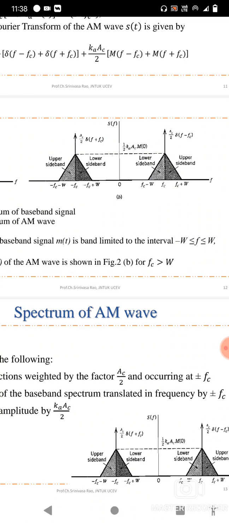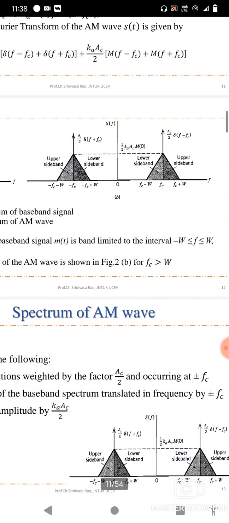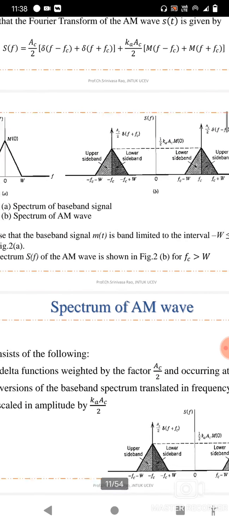Above the carrier frequency fc is called the upper sideband, and below the carrier frequency is the lower sideband. This one is represented as Ac by 2 delta of f plus fc, and this one as Ac by 2 delta of f minus fc. And this one is S of f, that is 1 by 2 Ka Ac M of f.